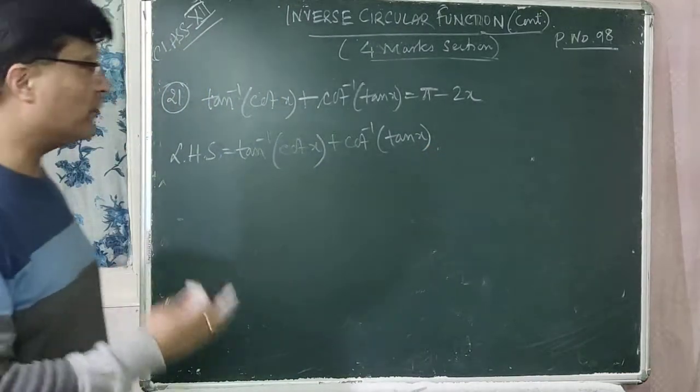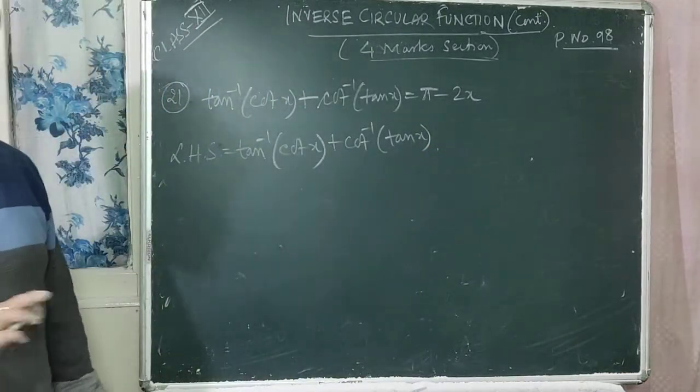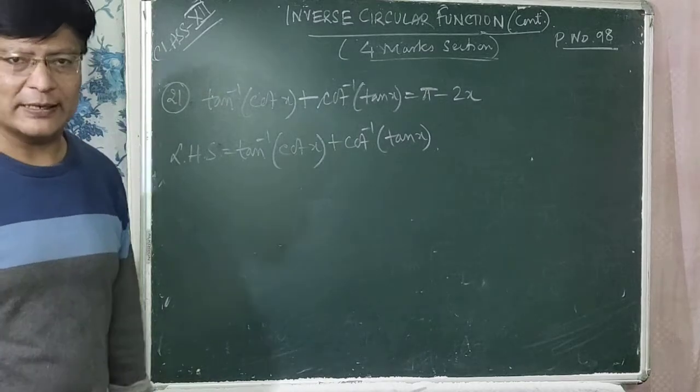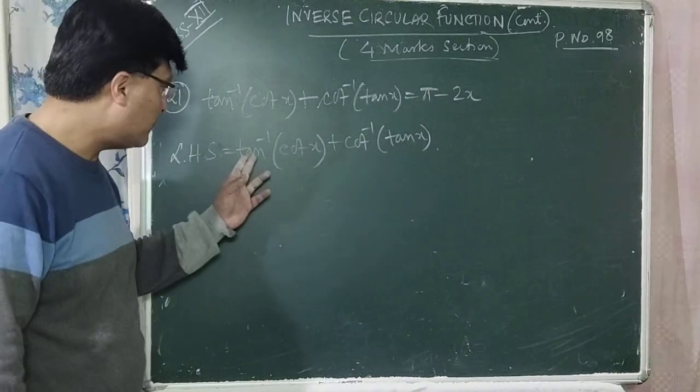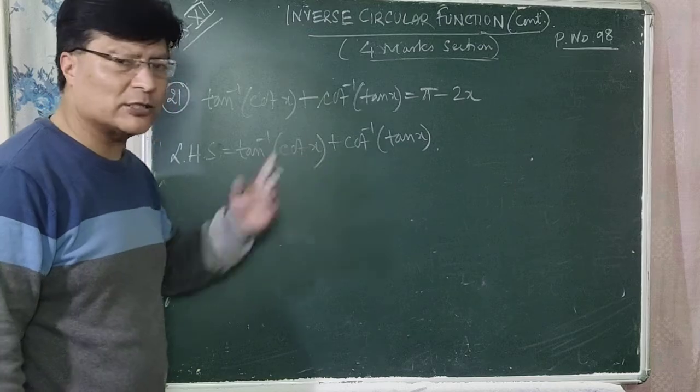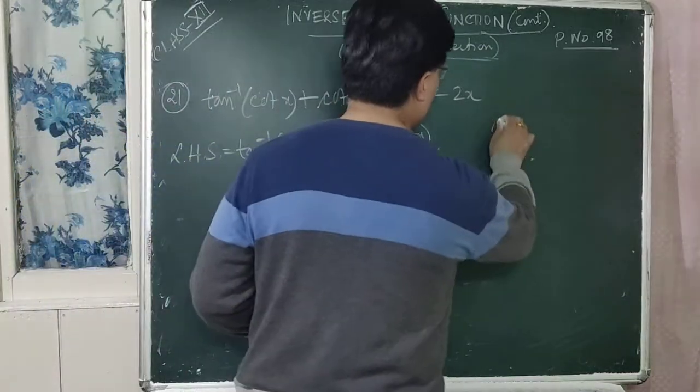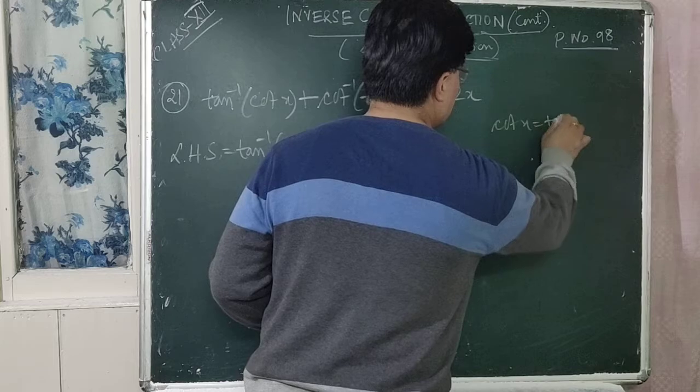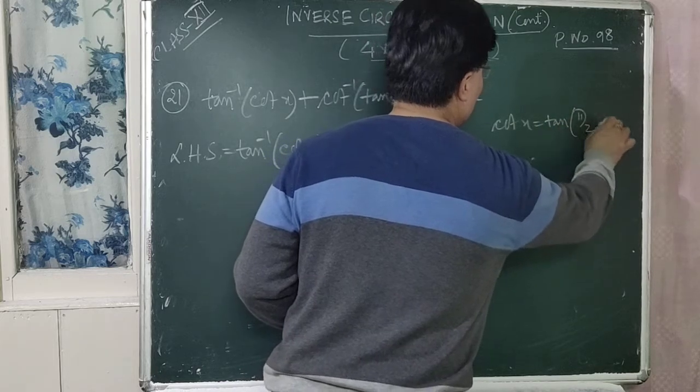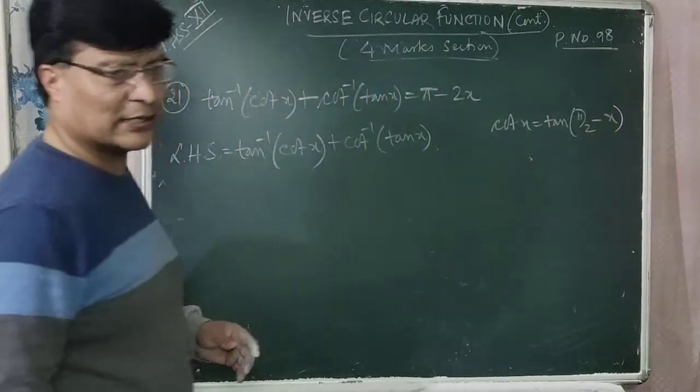So now let us prove right hand side, that is pi minus 2x from this left hand side, okay? So if it is tan inverse, you can convert this cot x into tan x, isn't it? You know this formula. Cot x is equal to tan 90 minus x, isn't it? Tan pi by 2 minus x. You have done it in class 10 also.